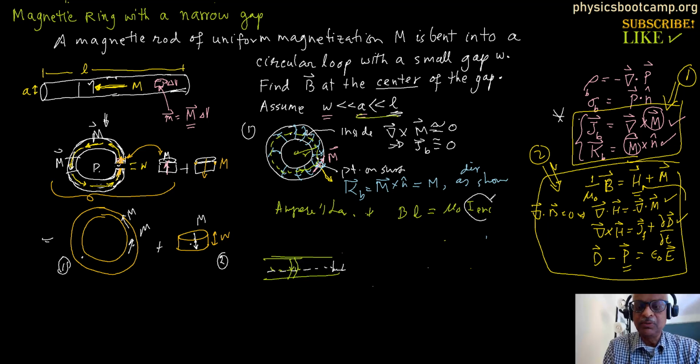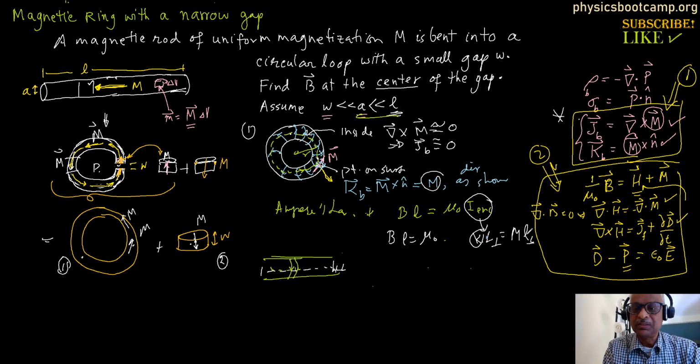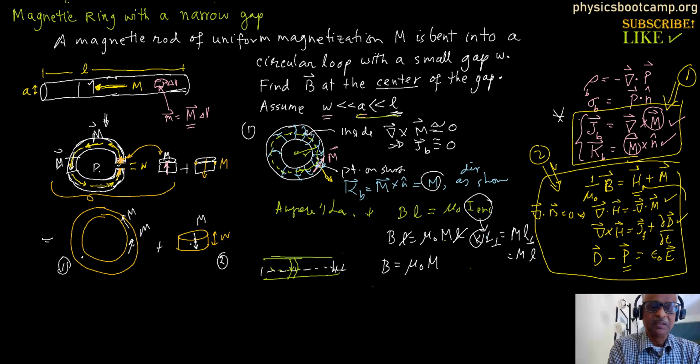So this will equal K times the length of the line that's perpendicular to K, which happens to be L also. So BL equals mu naught, and K is equal to M. So M L perpendicular, which equals M times L, and L gets cancelled out, and B equals mu naught M. Now the direction of the current tells me B is up, it's in the same direction as M.